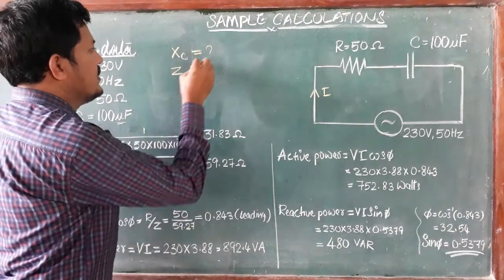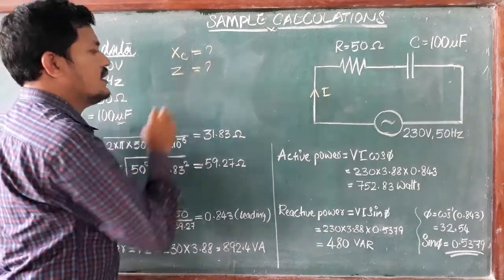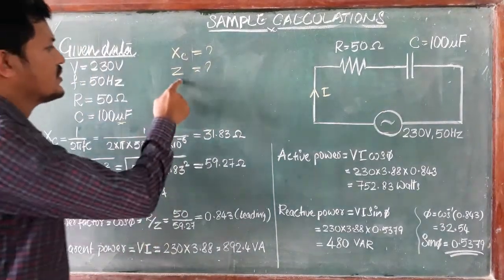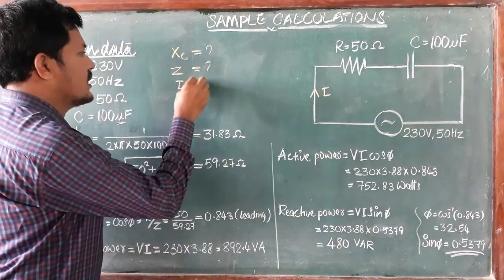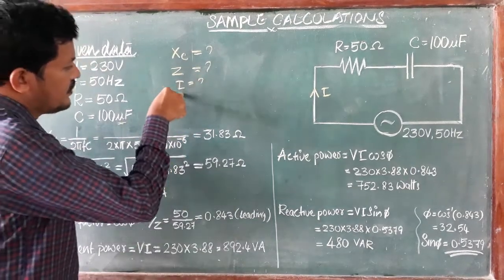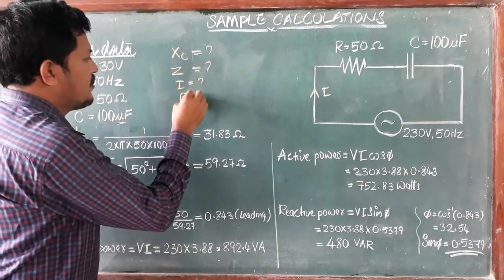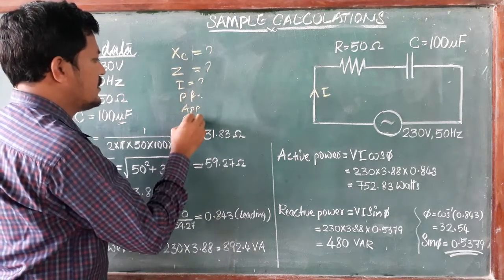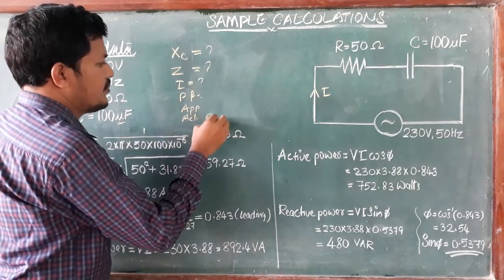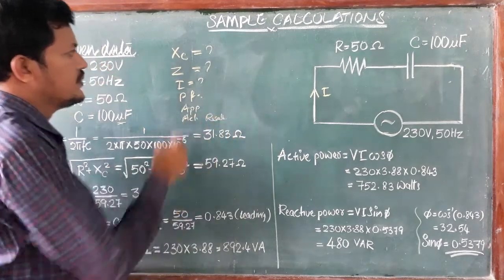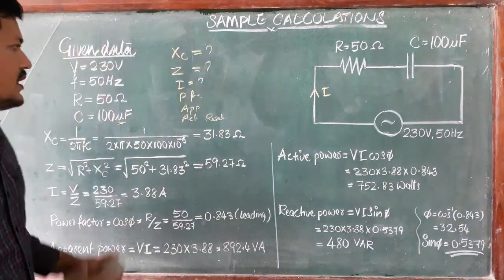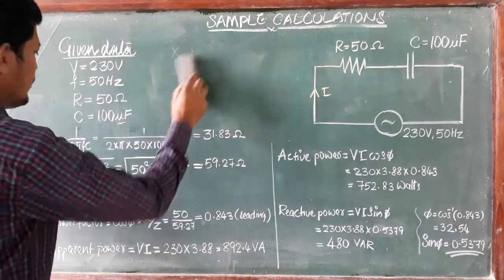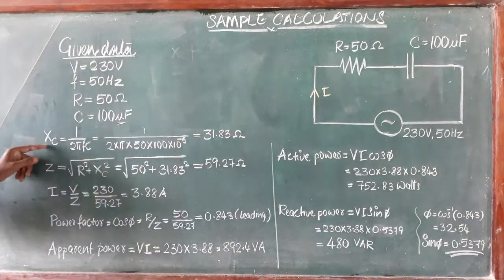Next we can calculate the total impedance Z. Once we know the Z value, we can calculate the total current, and then the power factor, apparent power, active power and reactive power. All the calculations we can do based on these values.